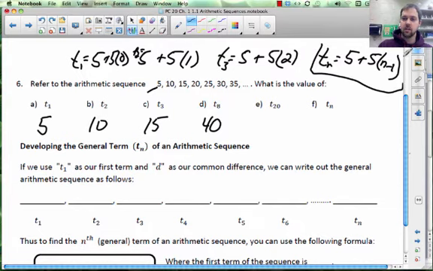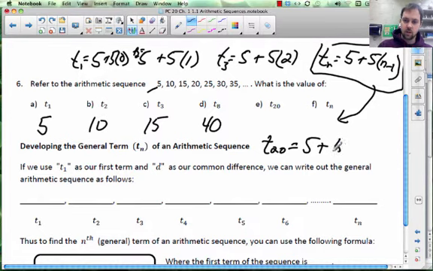Okay, now this is actually the answer for F, but it will help us figure out T20 without having to do all that counting. We could do this really quickly. T20 would be, we can use our general term now, 5 plus 20 minus 1, which is 19, times 5.